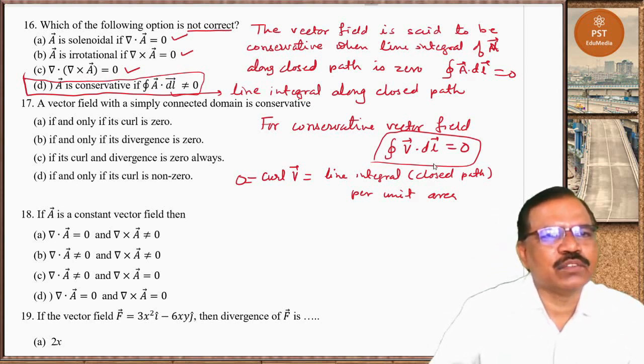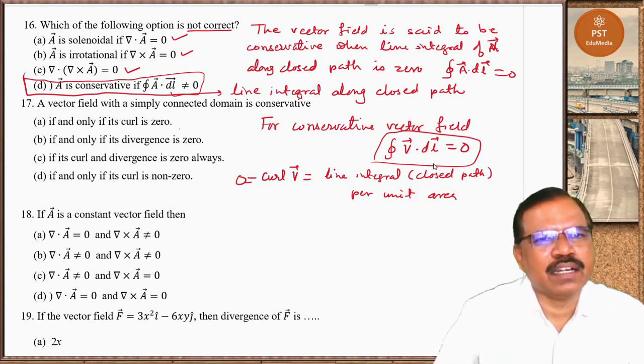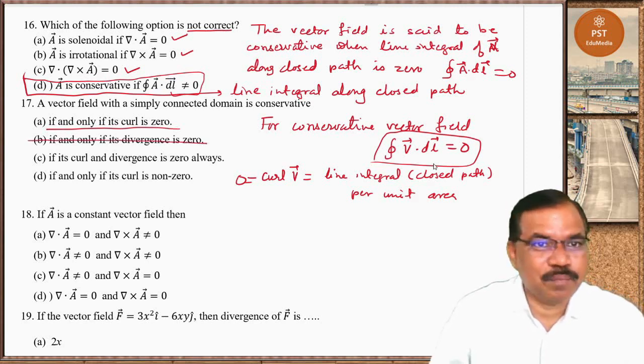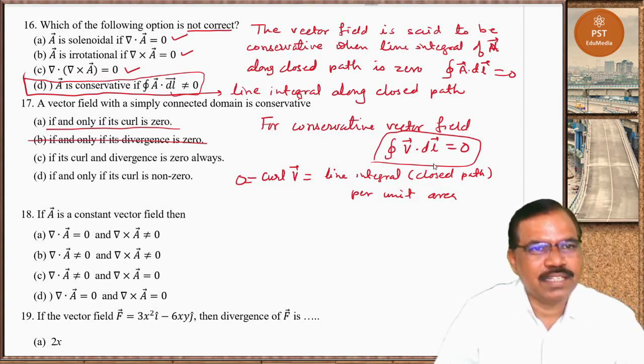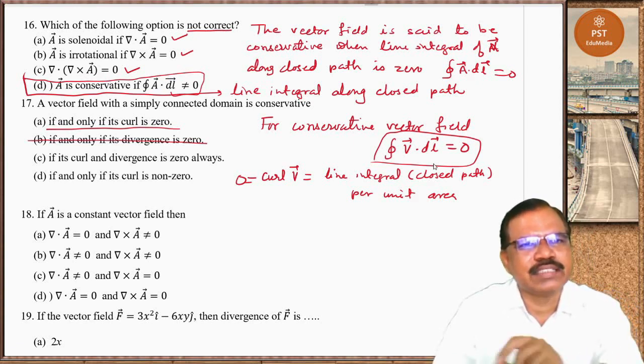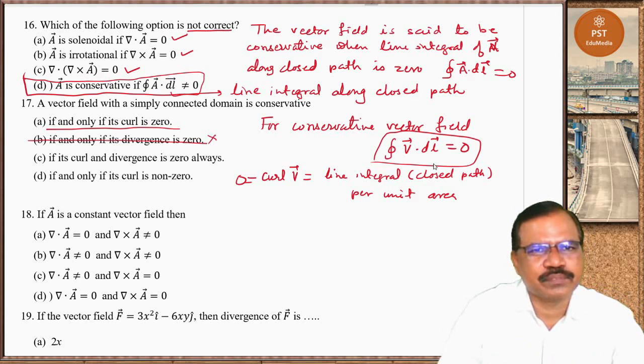So the first one, if and only if its curl is 0. The second one, if and only if its divergence is 0: you cannot say that, so it is incorrect.